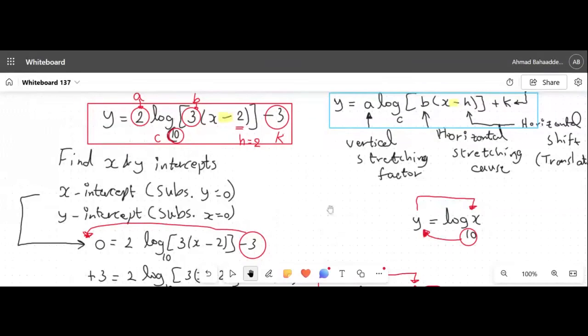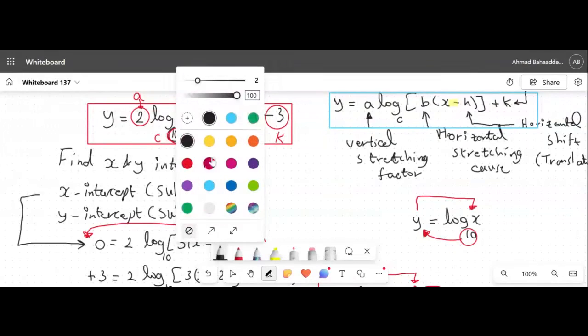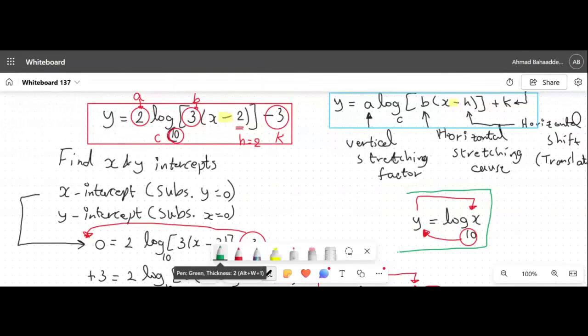Normally, for any log function, I'm going to put this inside a rectangle.